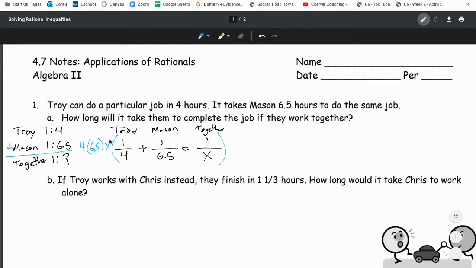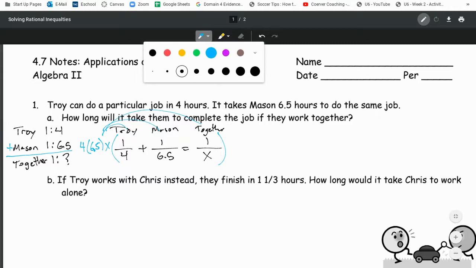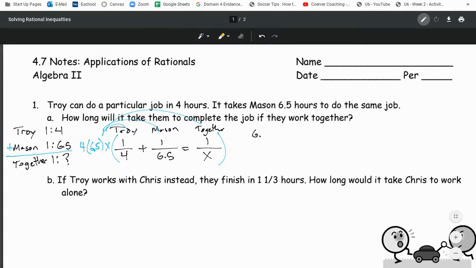I multiply those out and distribute them. When I distribute these out, this is what I'm left with: 6.5x plus 4x is equal to 4 times 6.5, which is 26, I believe.